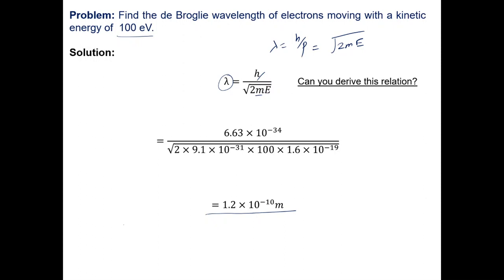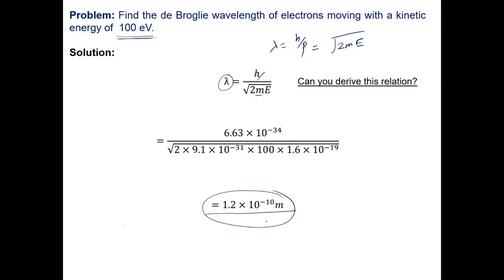Now you see that an electron moving with an energy of 100 electron volts, which is a very small energy when we talk about subatomic particles, has a wavelength much bigger than the size of the electron. The size of the electron would be much smaller than an angstrom or a picometer, whereas the wavelength associated with it is close to 1.2 angstroms.